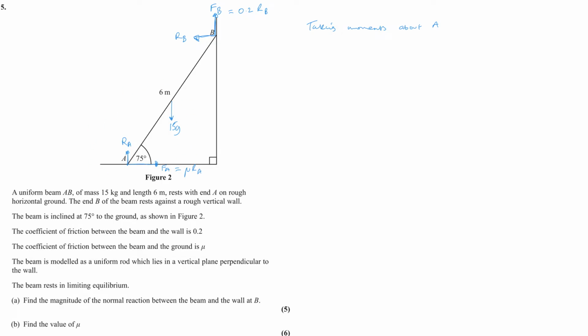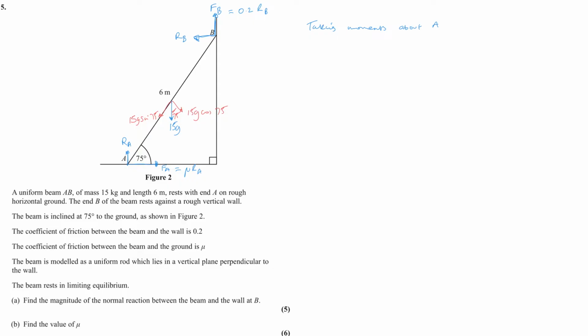So this 15g will split up into this direction and this direction. So this is the 75, so it's 15g cos 75, and this is 15g sine 75.